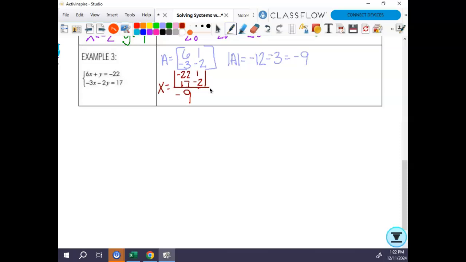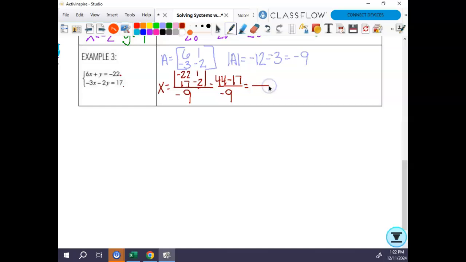Okay, so remember we replace the x's with our constants from over here, leave the second column. We agree with that? Awesome. And if you want to go on and just finish it, you can, but I'm going to go step by step for the people that need it. This is going to give me 4.